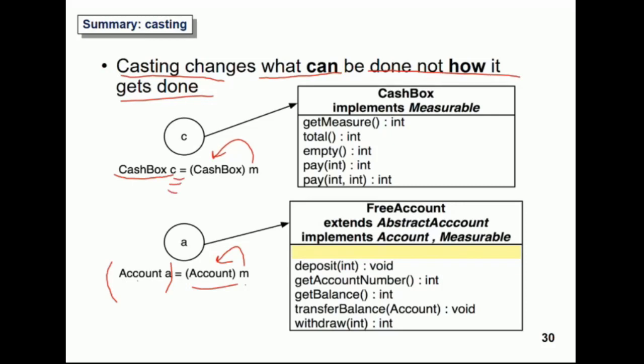with c, you can now access any of these methods: getMeasure, total, empty, pay, and the other pay as well. And with a, you can access these methods, which are deposit, getAccountNumber, getBalance, transferBalance, and withdraw.